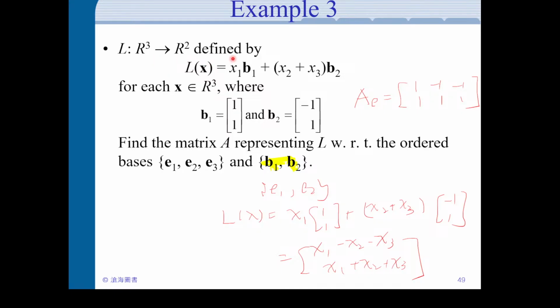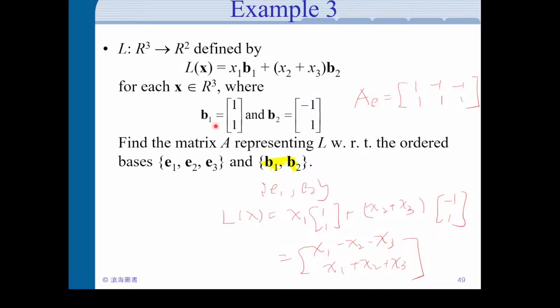So we have a weird definition of the linear mapping here. We have L of x equal to x1 b1 plus (x2 plus x3) b2. Basically we have a weird basis in R2 with respect to this b1 and b2.